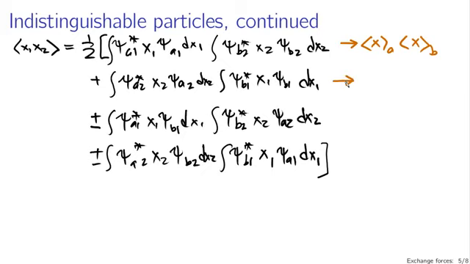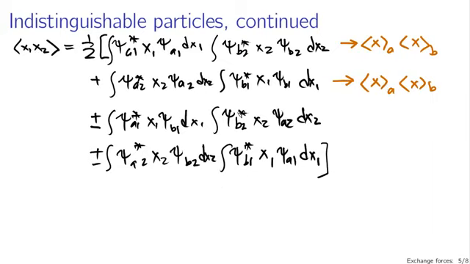That doesn't matter. When we're integrating over the coordinates, the result is what we're interested in, not the name of the coordinate that's being integrated over. So again, this gives us the expected value of x in the state A, expected value of x in the state B product. Looking very similar to what we got in the distinguishable particles case.